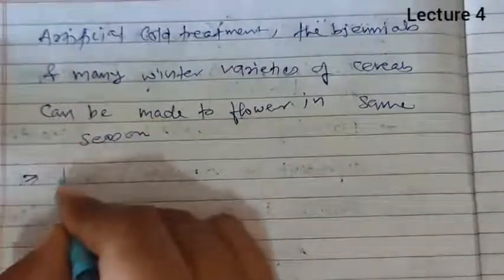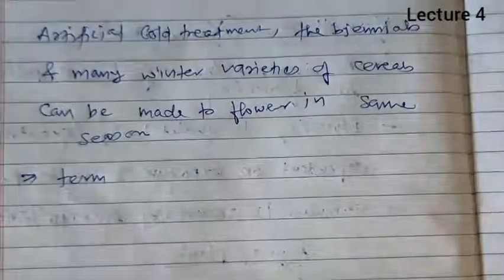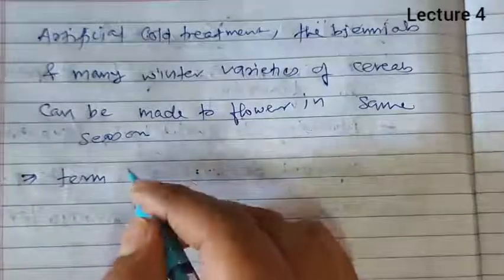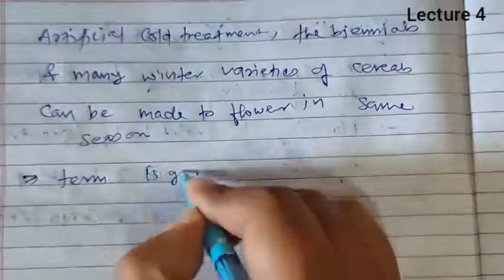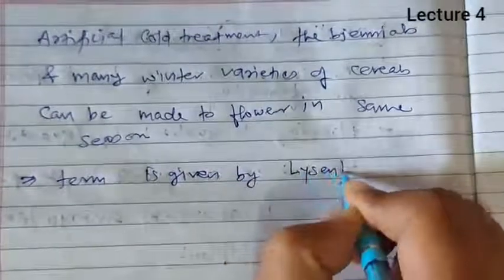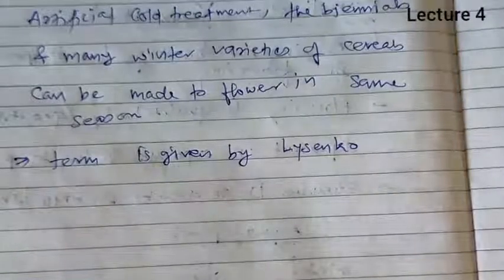So this is the vernalization through which the time period of flowering is reduced. The term is given by Lysenko. The sites of vernalization are the shoot tip, embryo tip or root apex, which we have discussed.